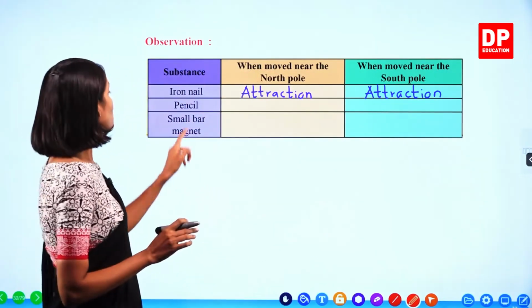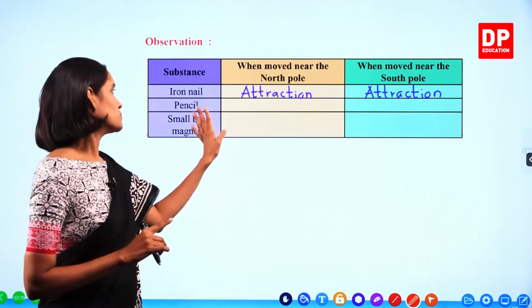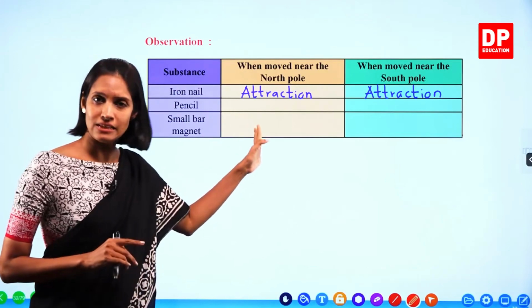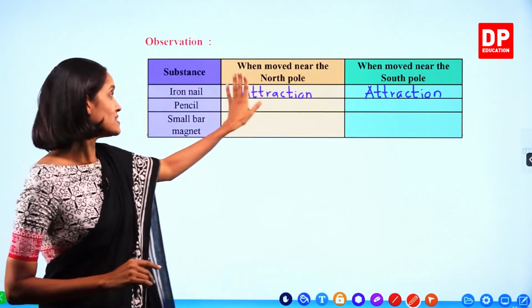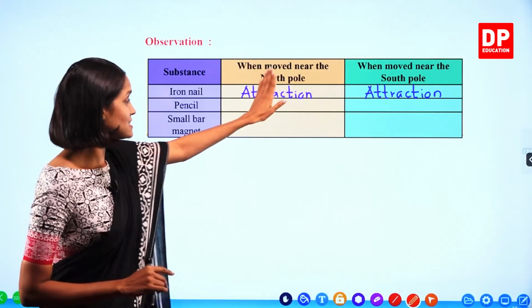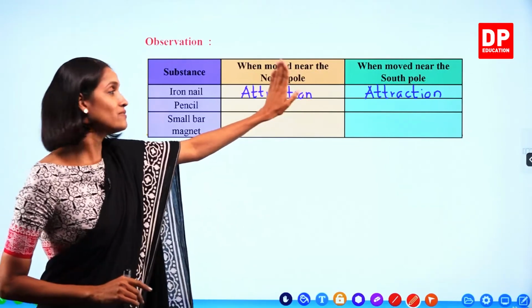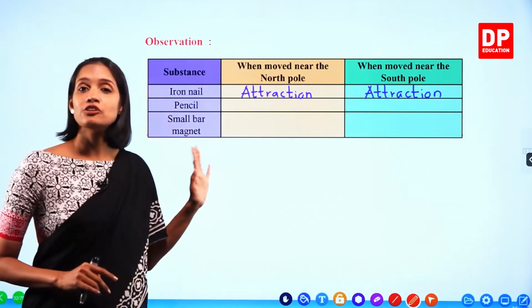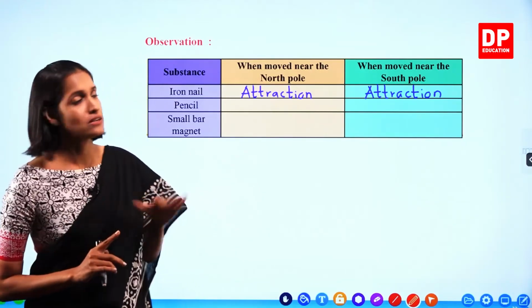Okay, what about the pencil? Did it get attracted or repelled? No. It doesn't show anything, right? Neither attraction nor repulsion. We can write down here each instance. Even though when we brought the north or south poles, no matter what the pole is, pencil did not show any change. It did not get attracted and there was no repulsion, right?